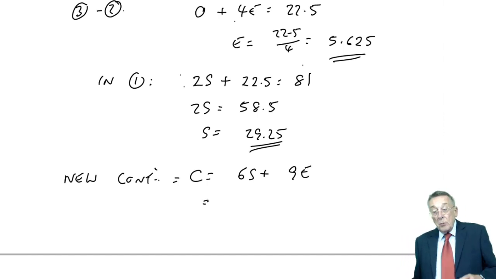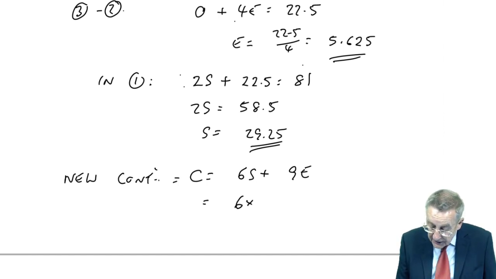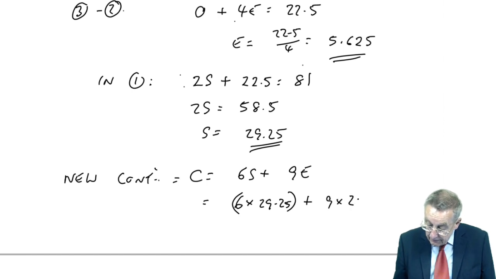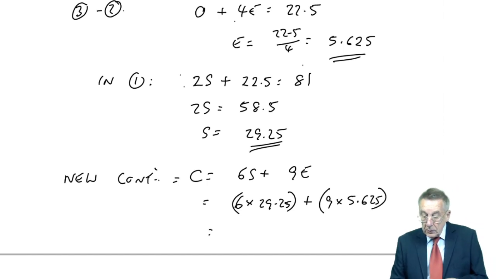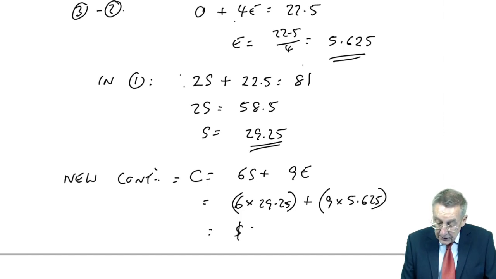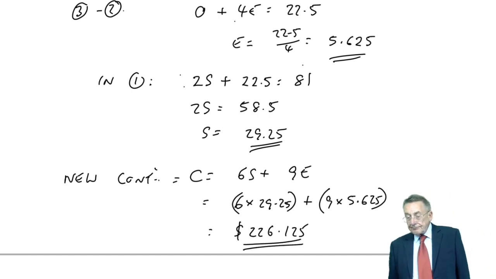Because this 1 extra kilo would let us change our production slightly, we'll now have a contribution of 6 times 29.25 plus 9 times 5.625, a total of, if I'm right, 226.125. What was it before?